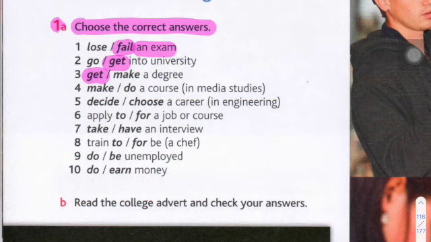Okay, so also very easy, do a course. And number five, decide a career or choose a career. And this is another very easy one. It is choose a career.